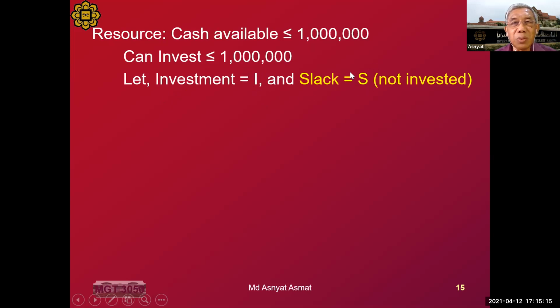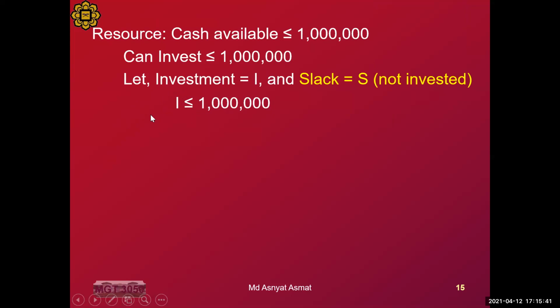S is the amount you don't invest. If I were to write this, I is less than or equal to 1 million. Now I want to change this less than or equal to into an equal sign.